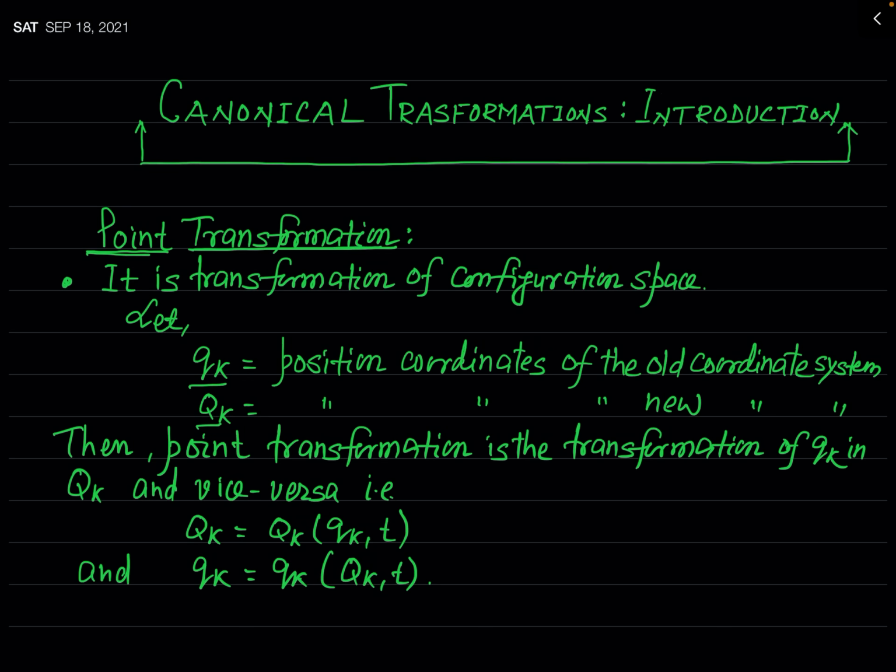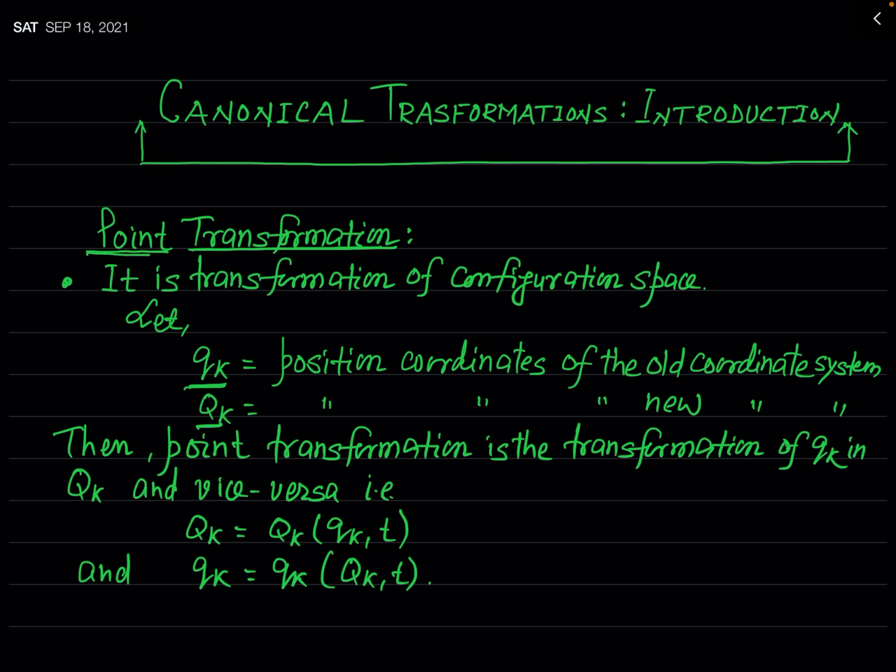The transformation between small q_k and capital Q_k means that if you know the values of small q_k in the old coordinate system, then it is possible to find the values of capital Q_k by using the transformation equation. And the converse is also true: if you know the values of capital Q_k, then it is possible to find the values of small q_k.